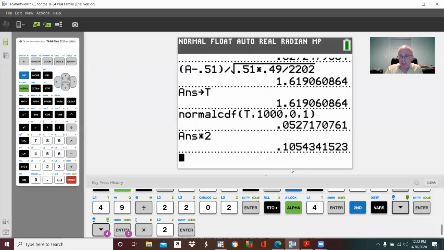If I forgot that this was a two-tailed test and I kept the 0.0527 as my p-value, I would have come to a completely different decision, rejecting the null, because this is less than 0.10. But because I did remember to multiply by 2 because it's a two-tailed test, I get a p-value that's now larger than alpha, and therefore the correct decision is not to reject the null hypothesis.